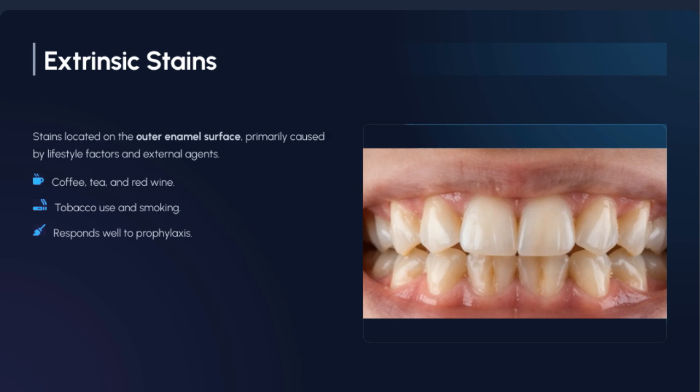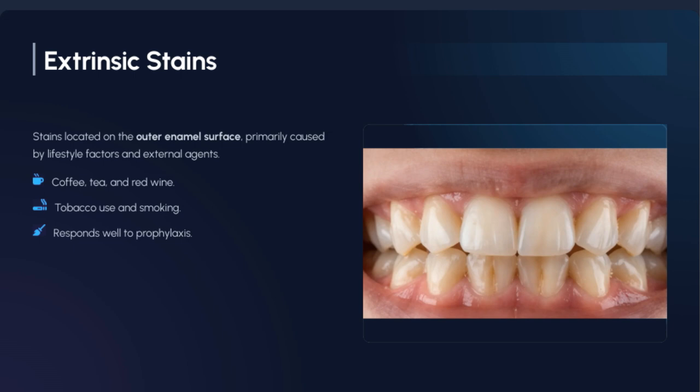Coffee, tea, and red wine are common lifestyle factors that contribute to extrinsic stains. These beverages contain chromogens and tannins, which can adhere to the outer enamel surface and lead to discoloration over time. The stains we see are primarily located on the outer enamel surface, which makes sense because external agents like these tend to cause surface staining rather than internal discoloration.